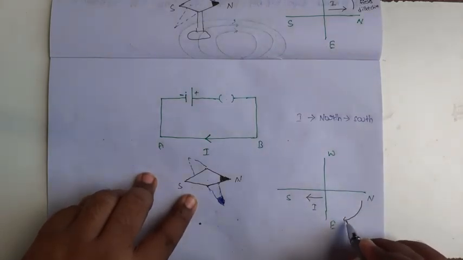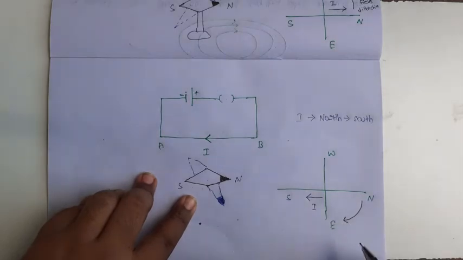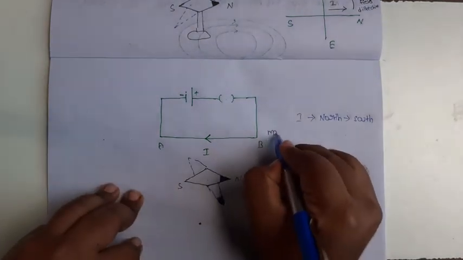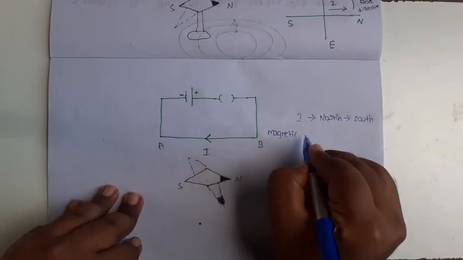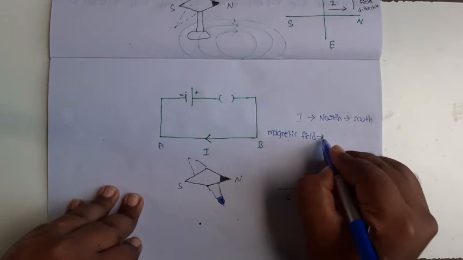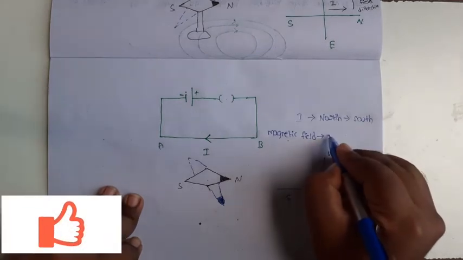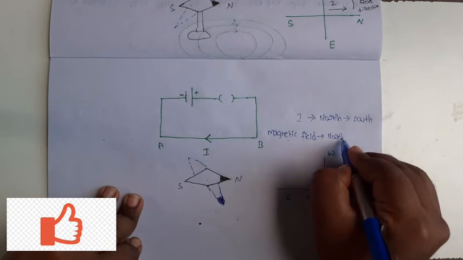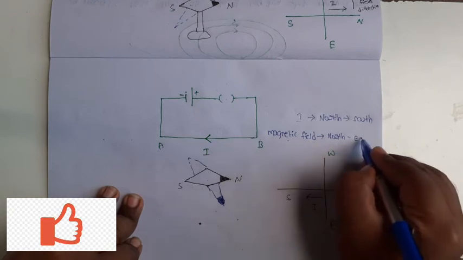This is the deflection of the magnetic needle. So the magnetic needle deflected towards the east direction. So magnetic field direction is north to east direction.